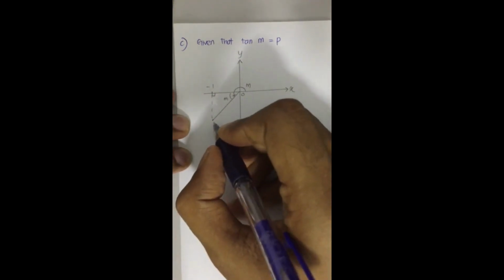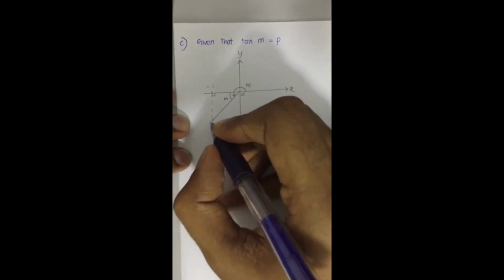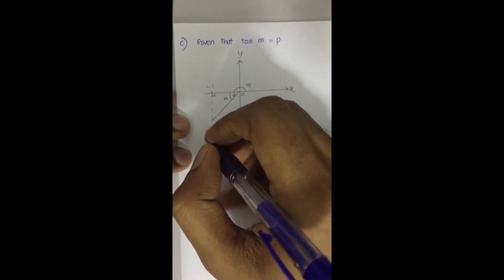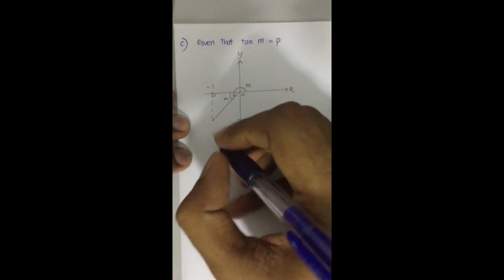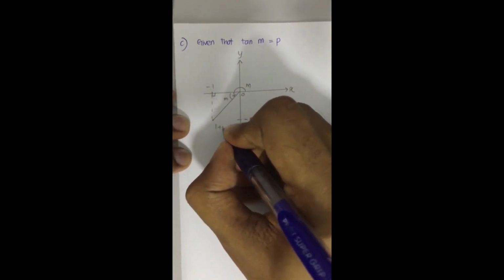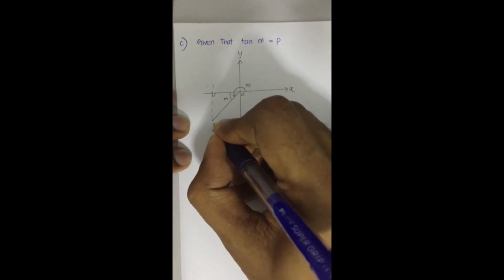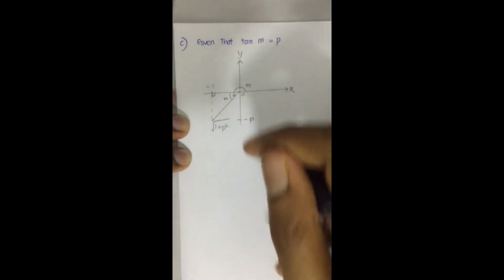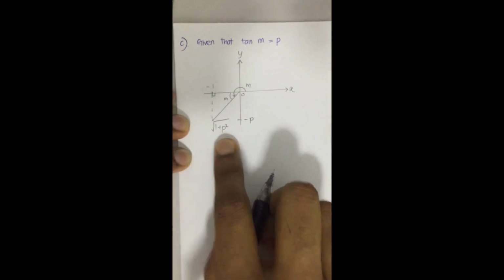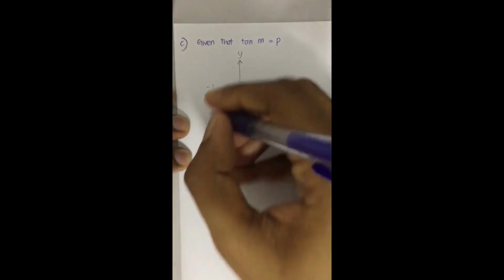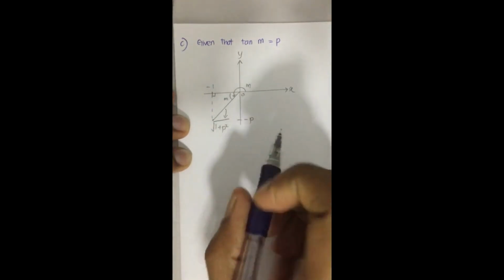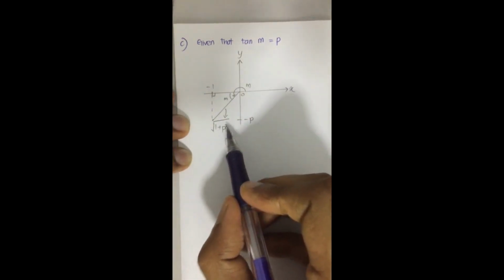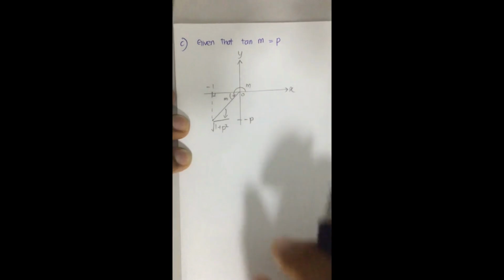So your answer in this case will be the square root of 1 plus P squared. This would be your hypotenuse, so let me show with the arrow that square root of 1 plus P squared is the value for the hypotenuse.